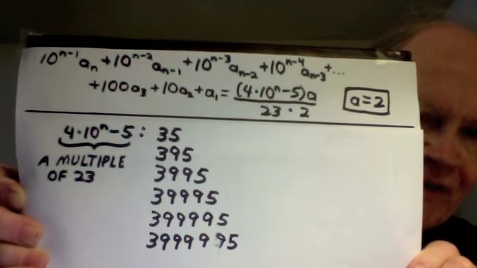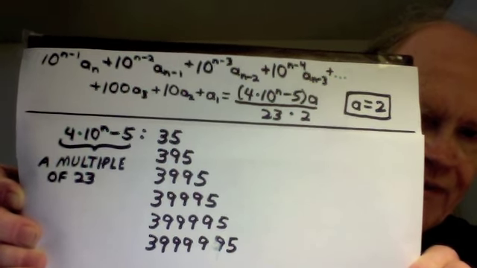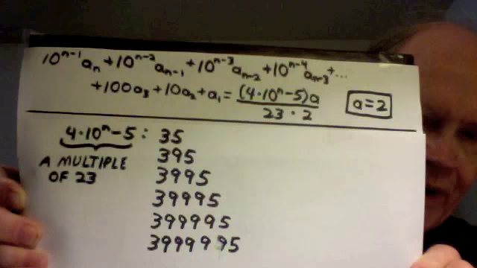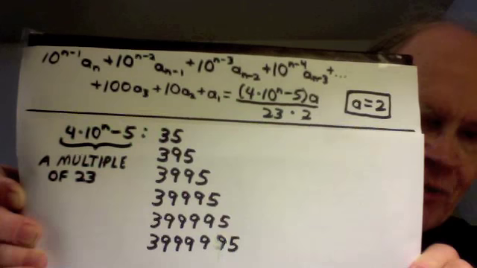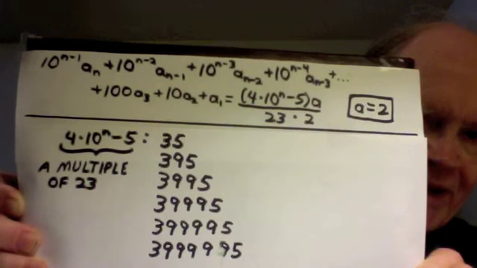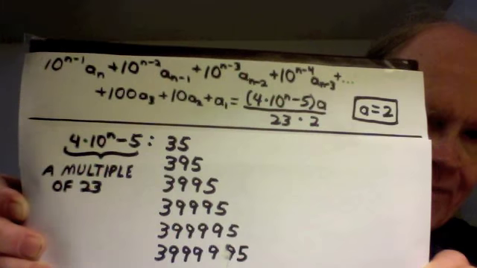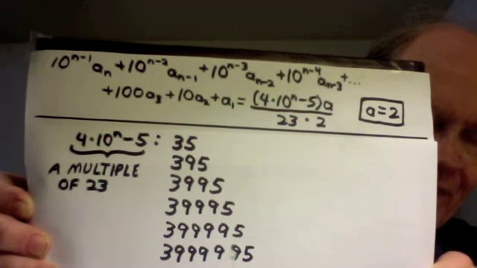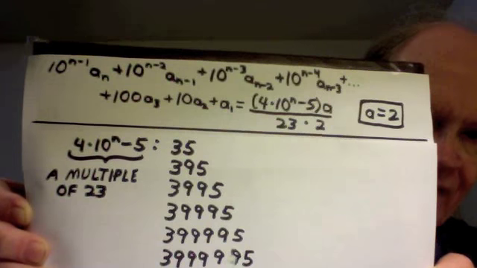None of the numbers I've listed here is a multiple of 23. We need to find a number like this that is a multiple of 23. When we divide by 23, we keep getting remainders. What remainder do we need in order to put that final 5 on the end? Well, 23 times 5 is 115. That's 115.